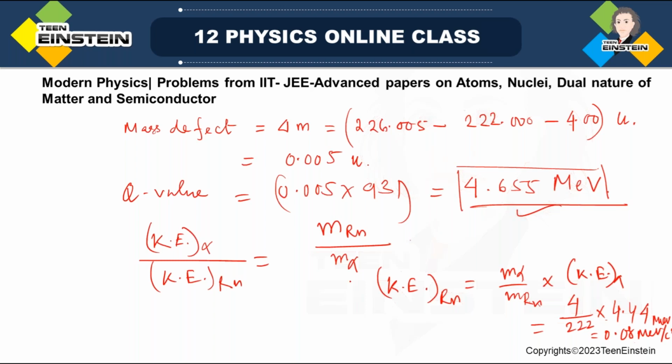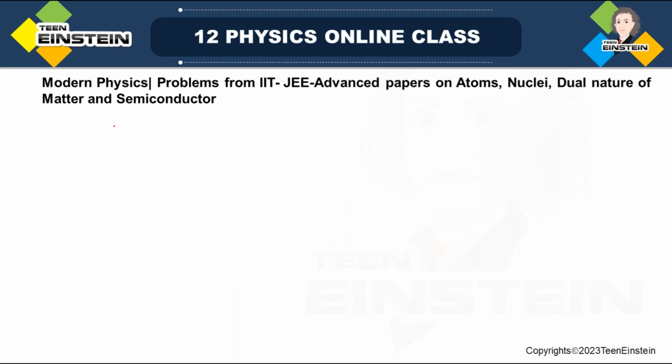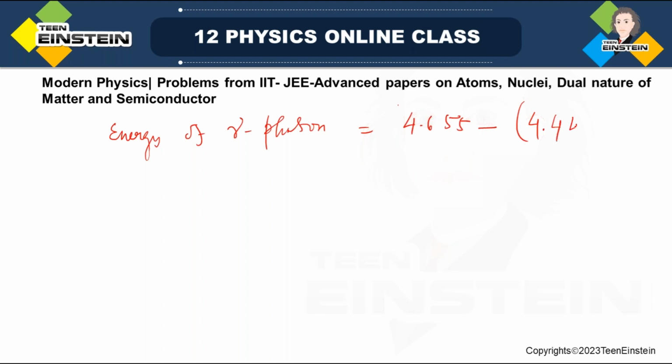So the energy of the gamma photon will be equal to this minus 4.44.